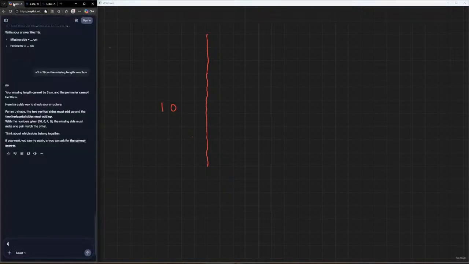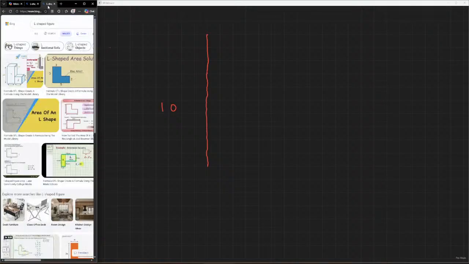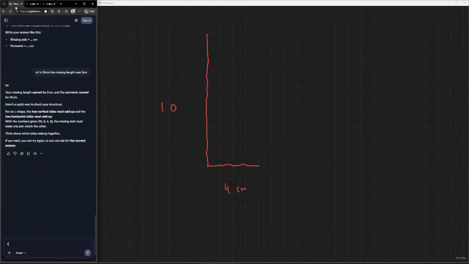Then we also have a 4. So we go 1, 2, 3, 4. And then we have what, a 6.